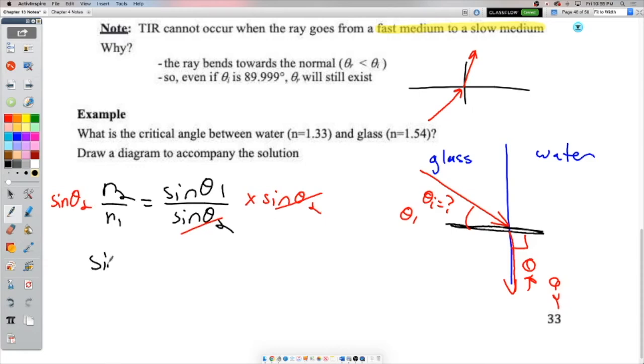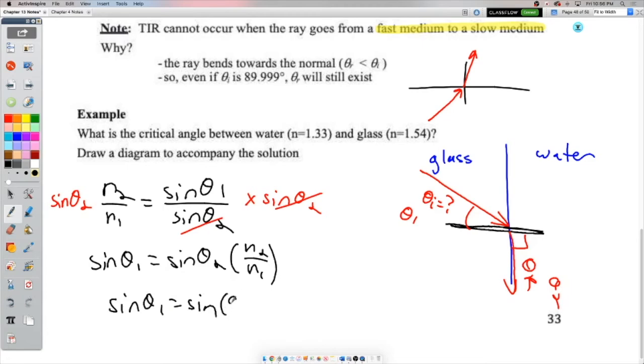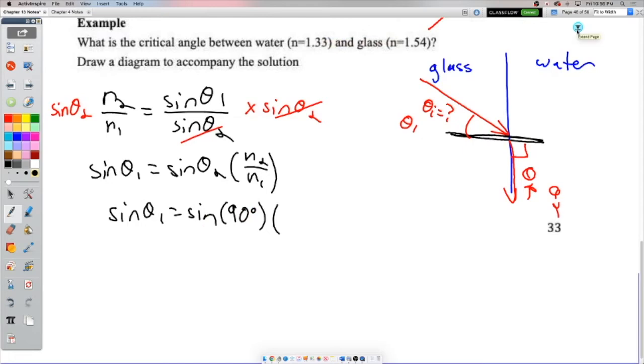So sine theta 1 equals sine theta 2 times n2 over n1. So sine theta 1 equals sine of 90 degrees, which, if you remember your math class, is 1, times 1.33 over 1.54. And so sine theta 1 is just going to be whatever 1.33 divided by 1.54 is.